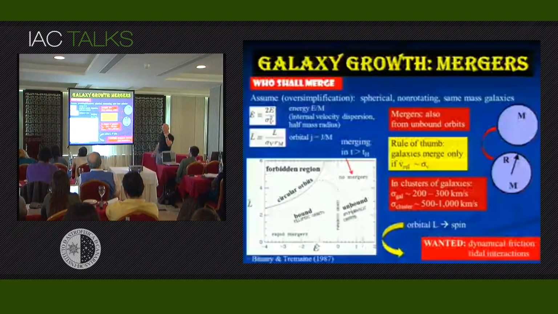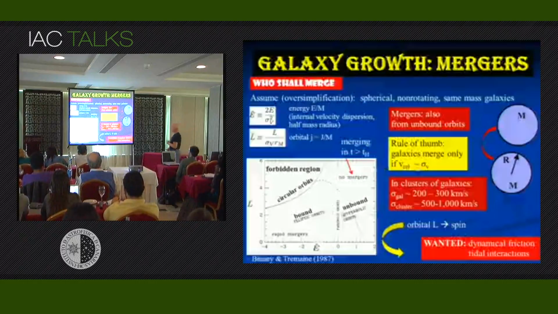However, galaxies that are not on bound orbits, but on hyperbolic orbits, also have a chance to merge. That is because galactic interactions are sticky, because the galaxies have internal degrees of freedom which can be excited.